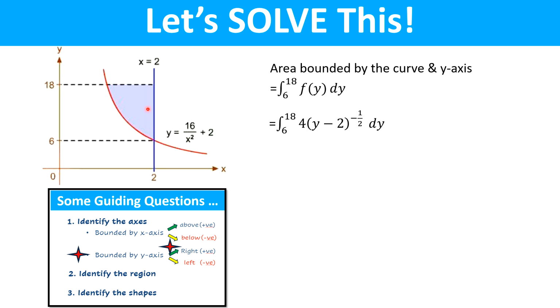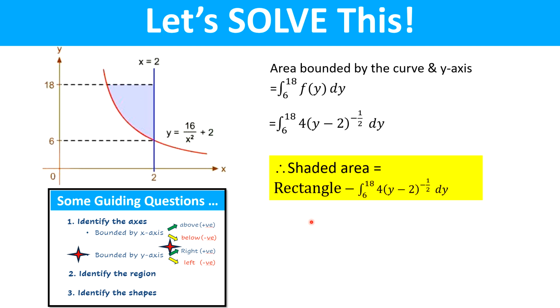What we do see is that this shaded area actually involves another shape. So here goes to our step 3. What is this shape? The shape here is a rectangle. Therefore, for me to find the shaded area, I need to use the area of the rectangle minus the definite integral that we have worked out.